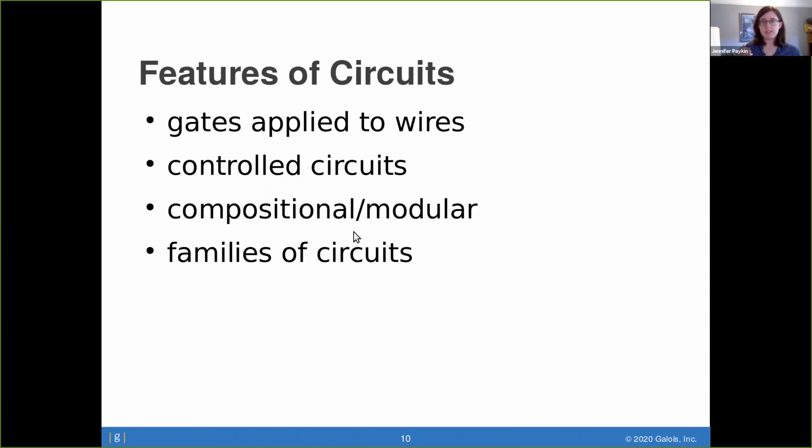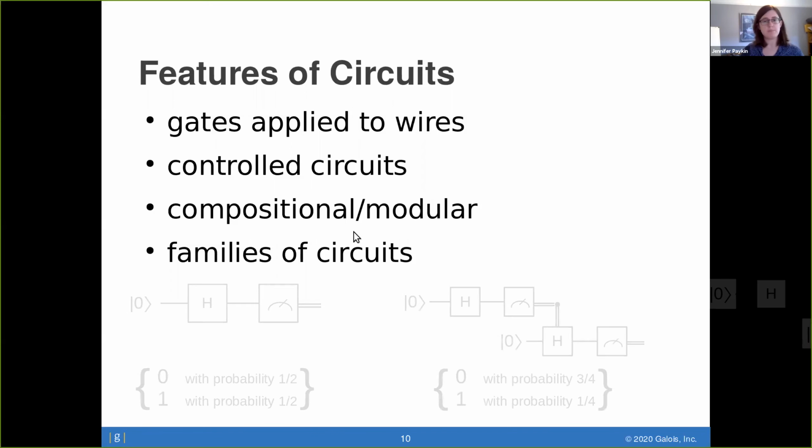In addition, as we go beyond just describing specific concrete circuits, we'll often want to describe families of circuits. So functions that are parameterized by either the number of qubits that it takes as input, or a parameter like a rotation gate, or the number of times some operation is iterated.